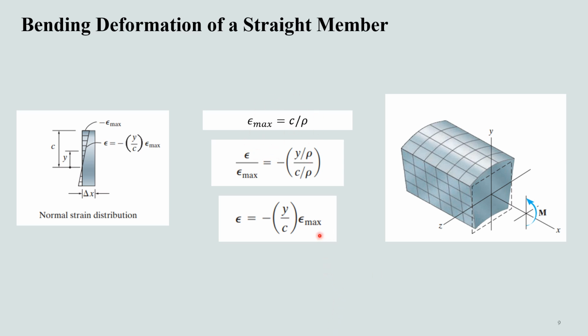This normal strain depends only on the assumptions made with regard to the deformation. When a moment is applied to the beam, it will only cause a normal stress in the longitudinal or x direction. All the other components of the normal and shear stress will be zero. It is this uniaxial state of stress that causes the material to have the longitudinal normal strain component epsilon x.